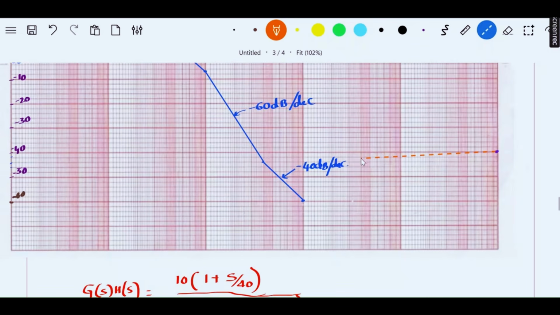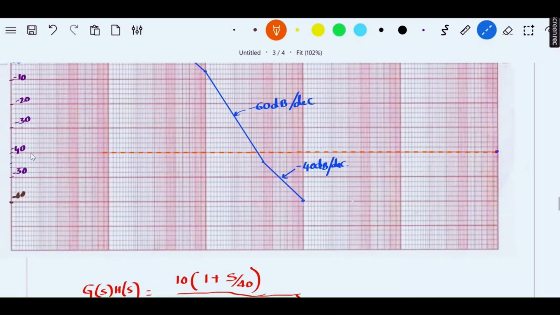Like how we did for the 0 dB line, similarly we are going to draw one for minus 180. Don't worry if it goes above the magnitude plot, nothing to worry.